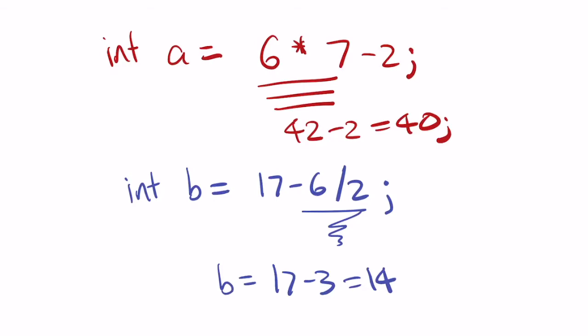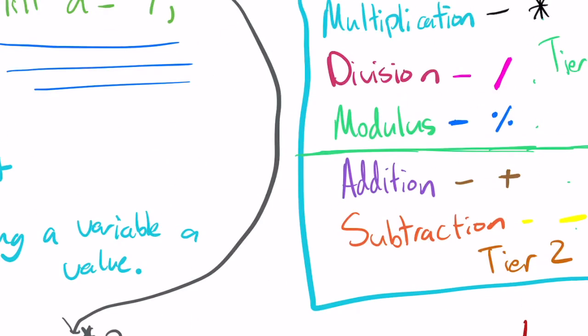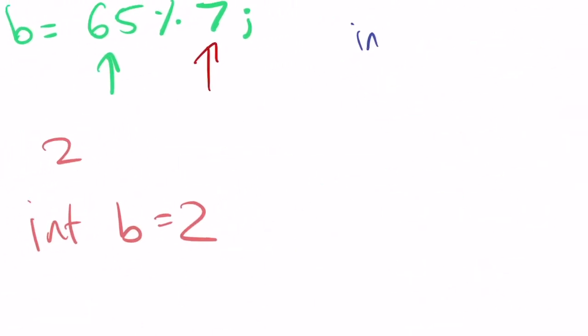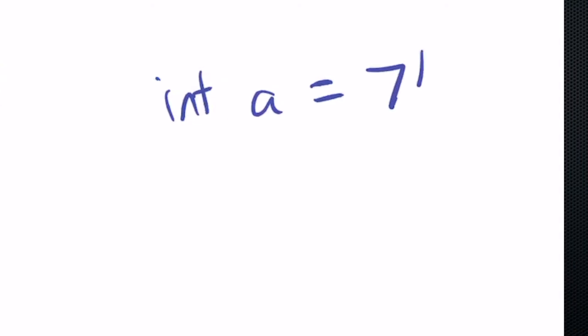Another thing about integer division: when you're dividing between integers, something weird happens. Let's say we have int a is equal to 7 divided by 2. In the previous cases, if we had 8 divided by 2, then it would just give us 4 because that's a pretty simple division. But in this case, if you really evaluate it, you get 3.5, right?